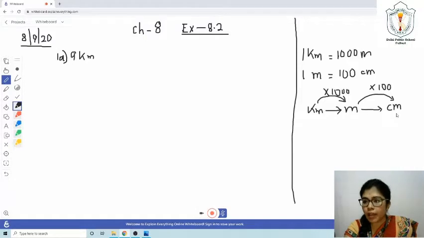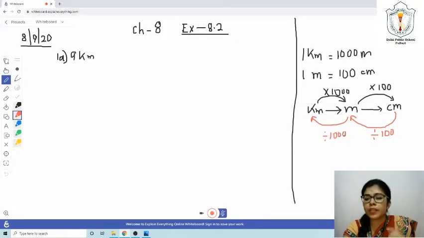Now again, when centimeter is given and you have to change it into meter, we will simply divide it by 100. And when we move from meter to kilometer, we'll divide by how much? 1000.